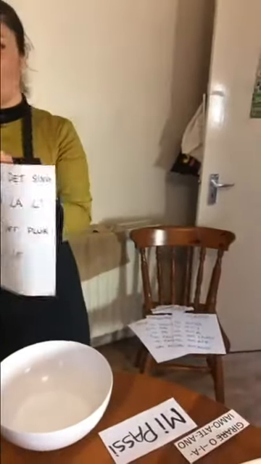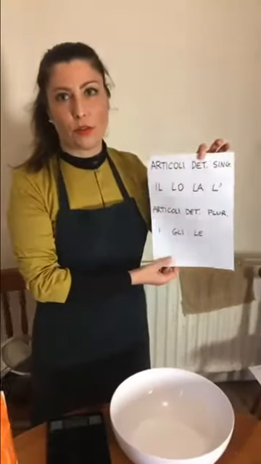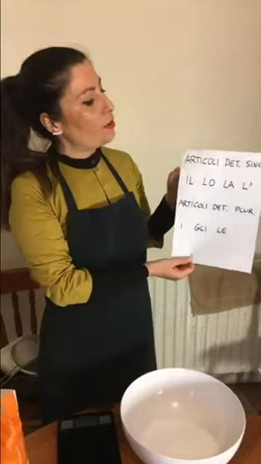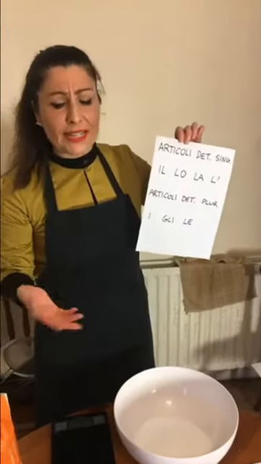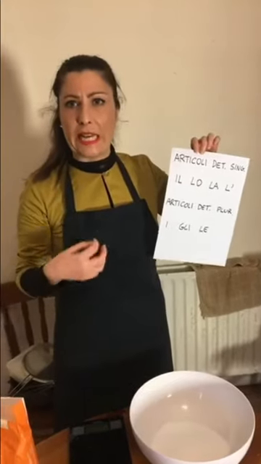So before we actually carry on with the ciambellone making, I just wanted to show you something very useful for you. When you're learning Italian, you need to know your articles. These articles are the equivalent to the in English.